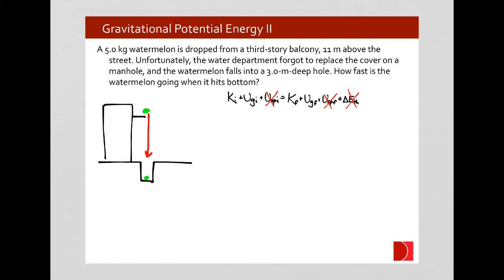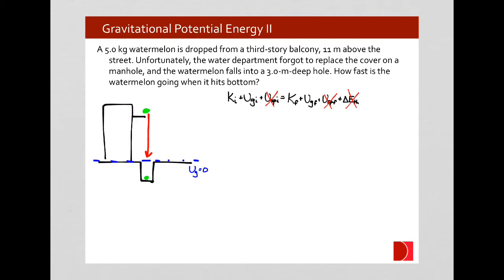But here it seems more natural to measure the gravitational potential from ground level, since all of the heights are measured relative to ground level. So we're going to do that here to see how that will behave differently, and yet how we'll get the exact same answer regardless of what arbitrary reference point we pick.